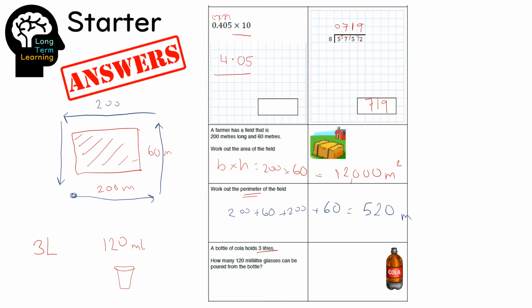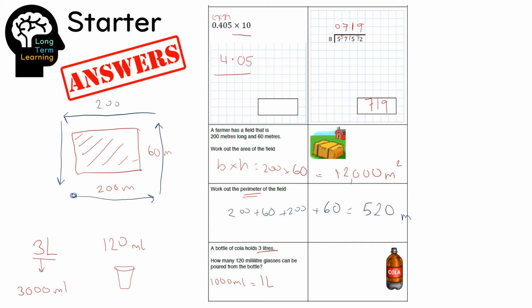So if I can change one to the other, hopefully it will make it a little bit easier. So I'm going to change litres into millilitres. Well, there's 1,000 millilitres in a litre. So if 1 litre is 1,000 millilitres, 3 litres is going to be 3,000 millilitres.